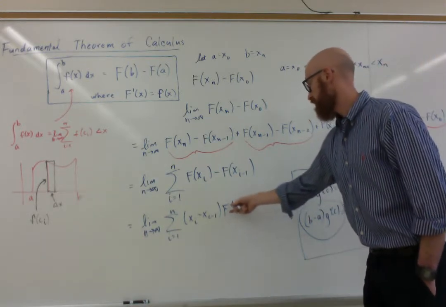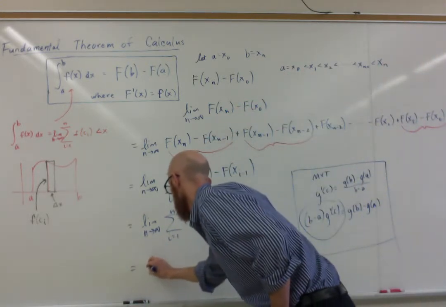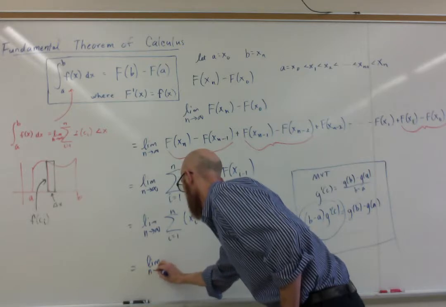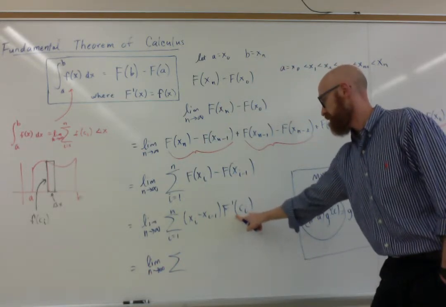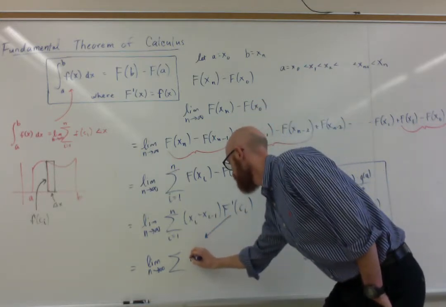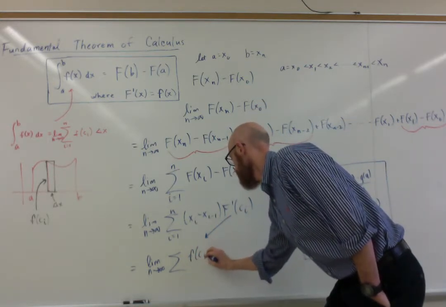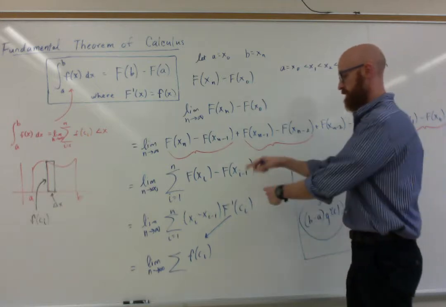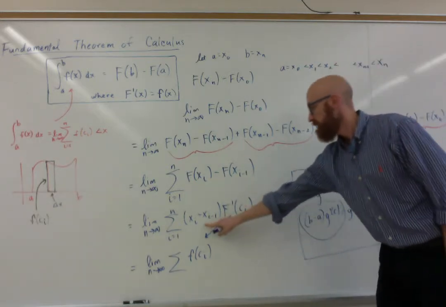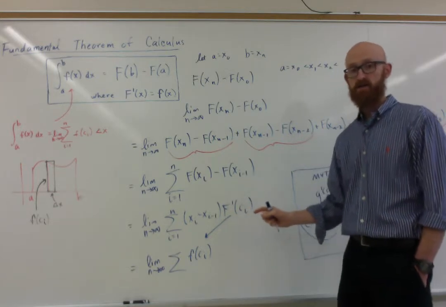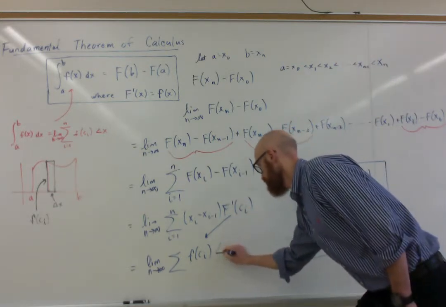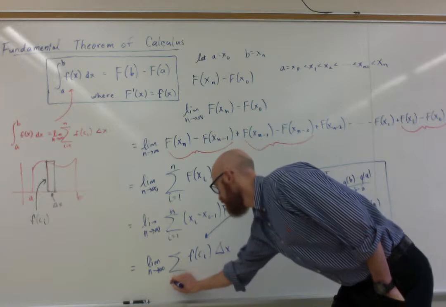Well, big F prime is little f. So that's big F prime becomes little f of c sub i. And I'm just reordering the way I'm writing things. And then x sub i minus x sub i minus 1, that is the change in x. So we'll just simply call it delta x.